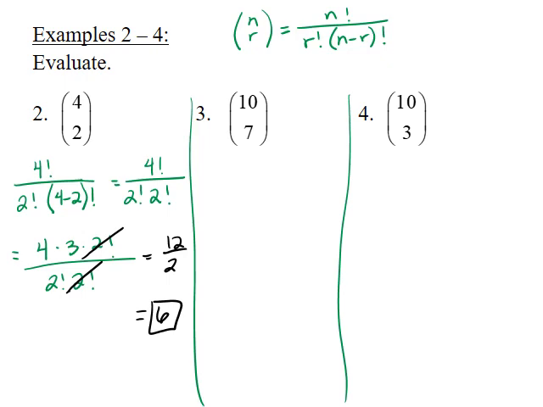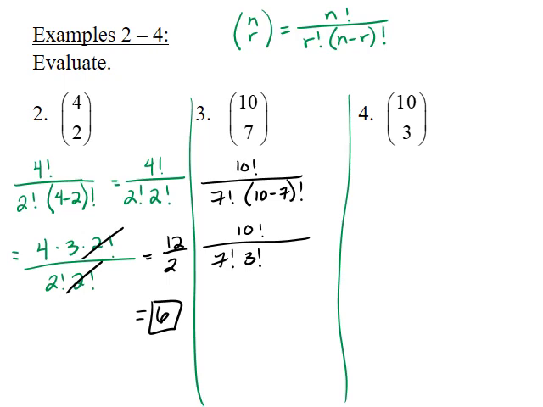Let's try number 3 here. 10 choose 7 would be represented as 10 factorial over 7 factorial times the quantity 10 minus 7 factorial. When I rewrite this, I have 10 factorial over 7 factorial times 3 factorial.